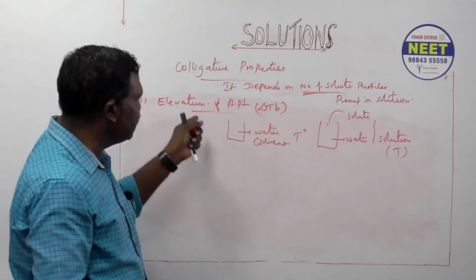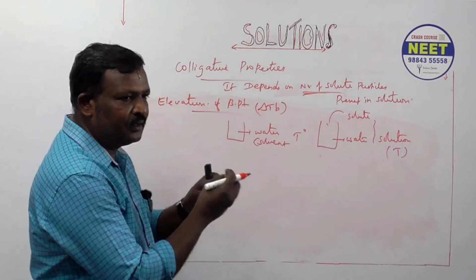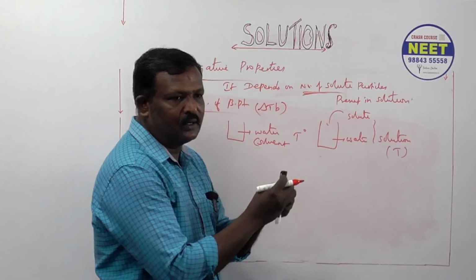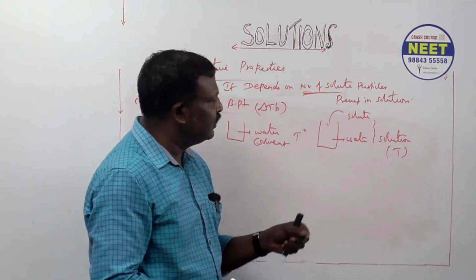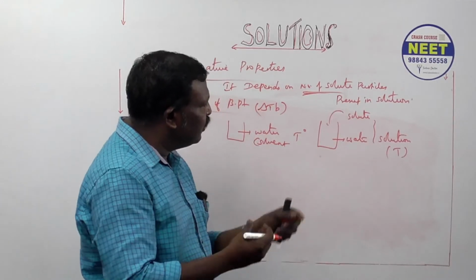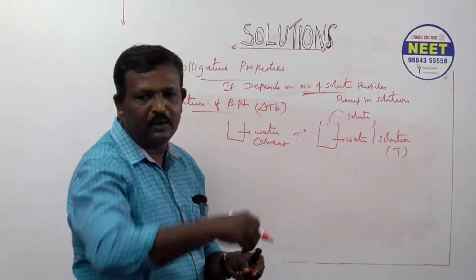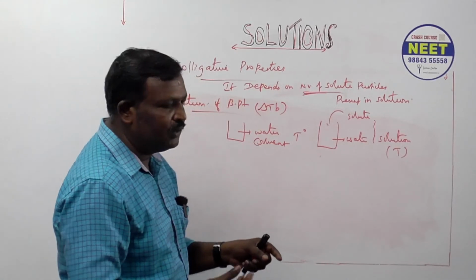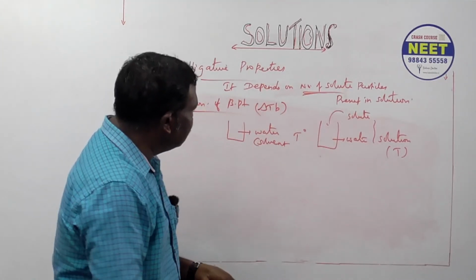That's a property of boiling point. If you have more interaction between solute and solvent, it will not boil easily. If you want to make them boil, you have to give more temperature. Then only it will boil.